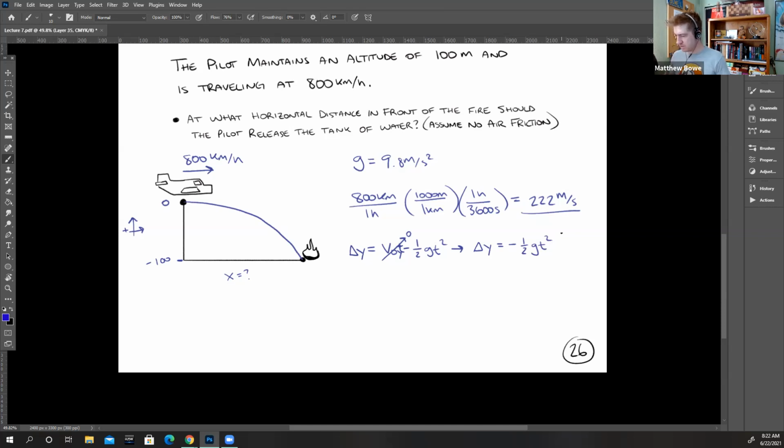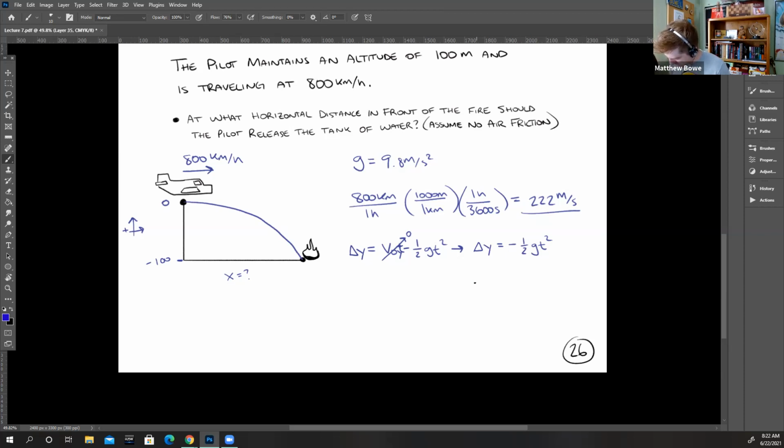What are we trying to solve here, though? We know how far the water is going to fall, and we know the acceleration of gravity. What I'm trying to get is how long it takes for the water to reach the ground. So I'm going to be solving for t. Before I put any values in here, let's actually just rearrange this to solve for t right now.